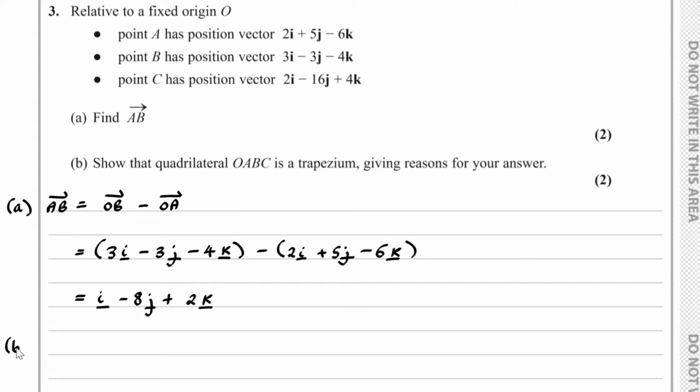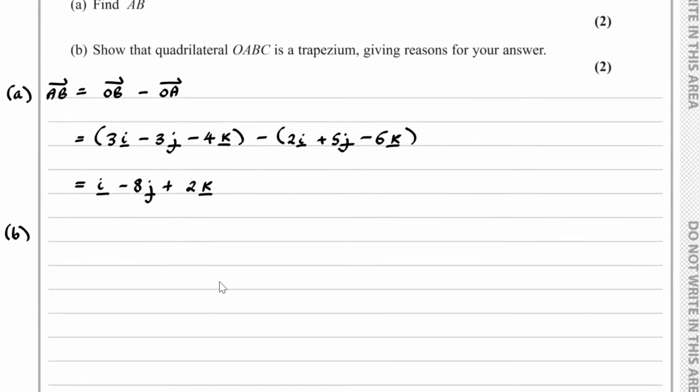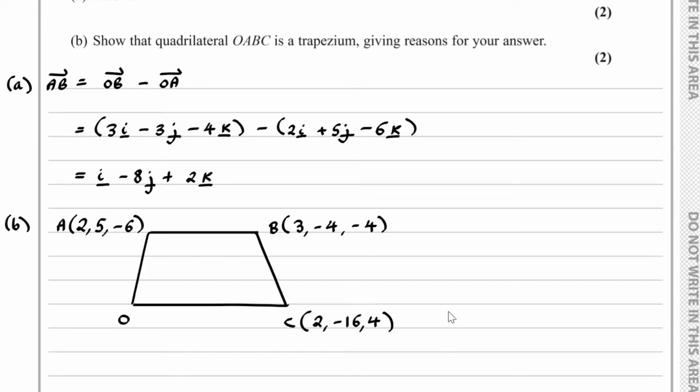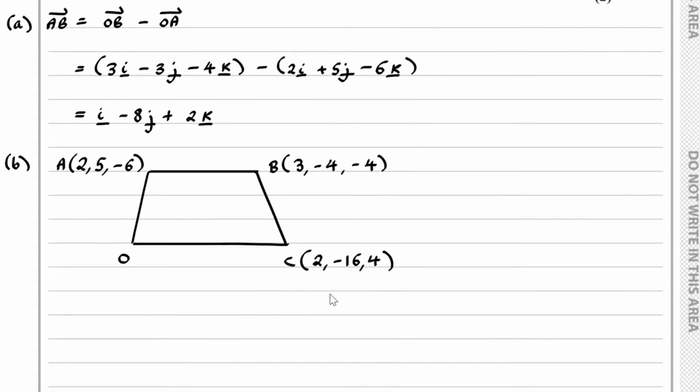And now for part B of the question, we have to show that the quadrilateral OABC is a trapezium, giving reasons for your answer. Well, let's quickly draw the trapezium OABC. So, having drawn the trapezium OABC, you can first of all recognize that AB is equal to 1/2 OC.